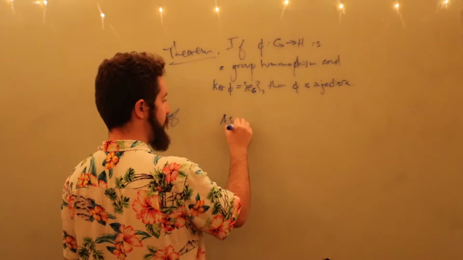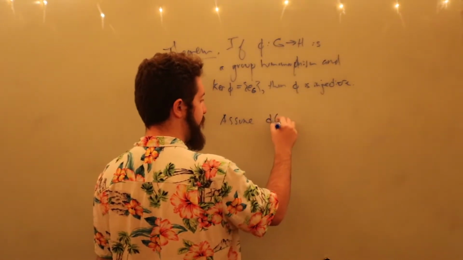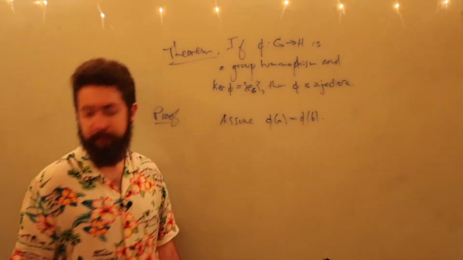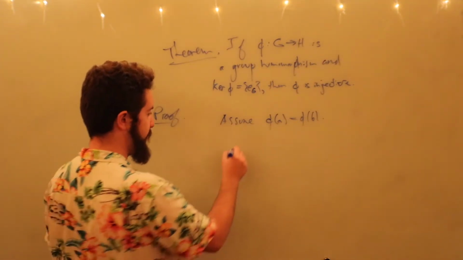First, assume for some A and B in the group G that phi of A is equal to phi of B. Now consider the following.